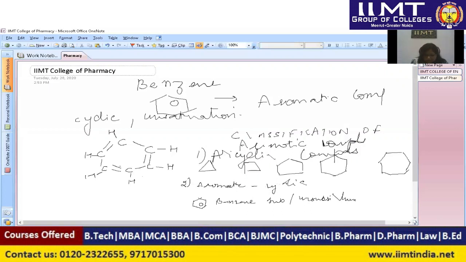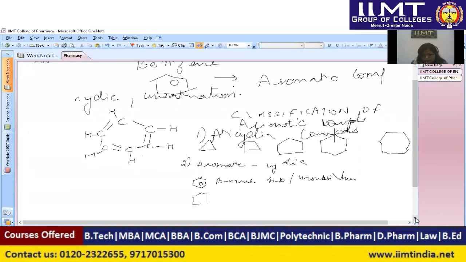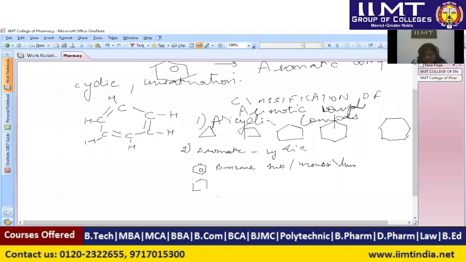The second thing, we can classify aromatic compounds as the fused system, where we have fused ring systems in which two aromatic groups can be fused together.